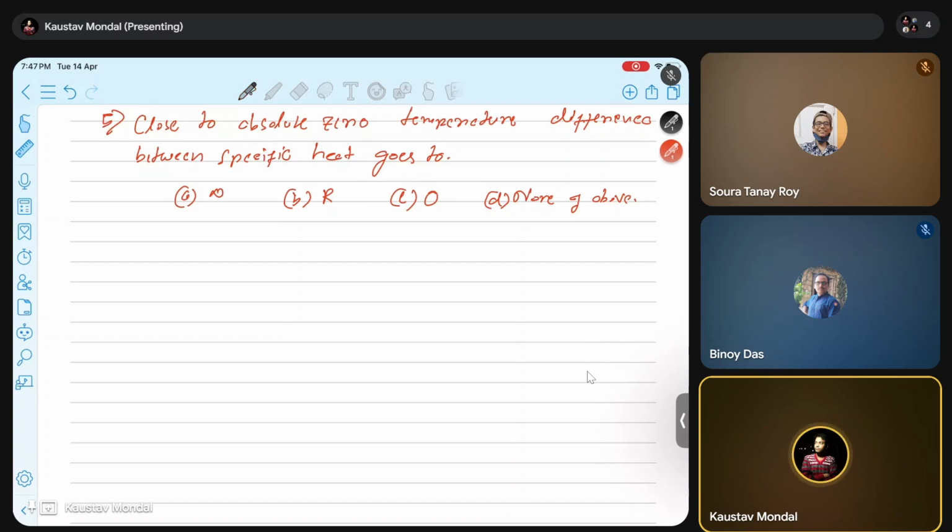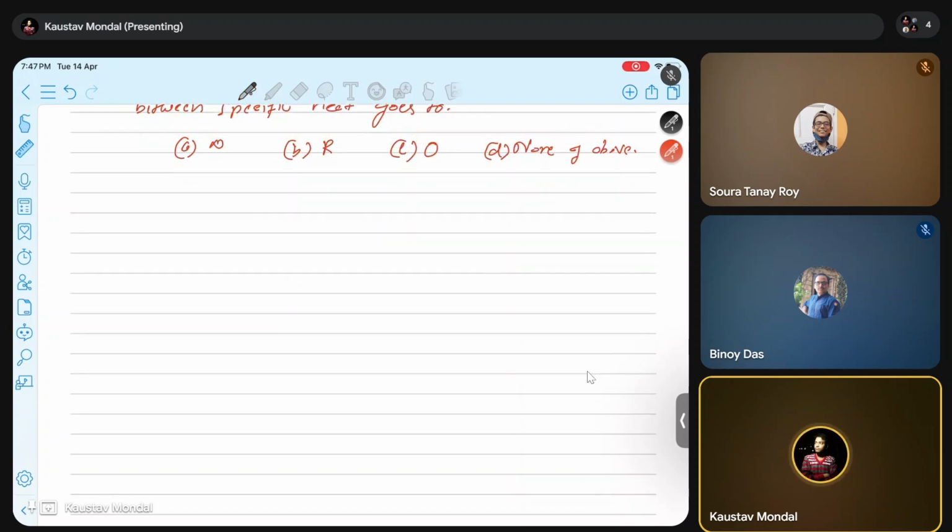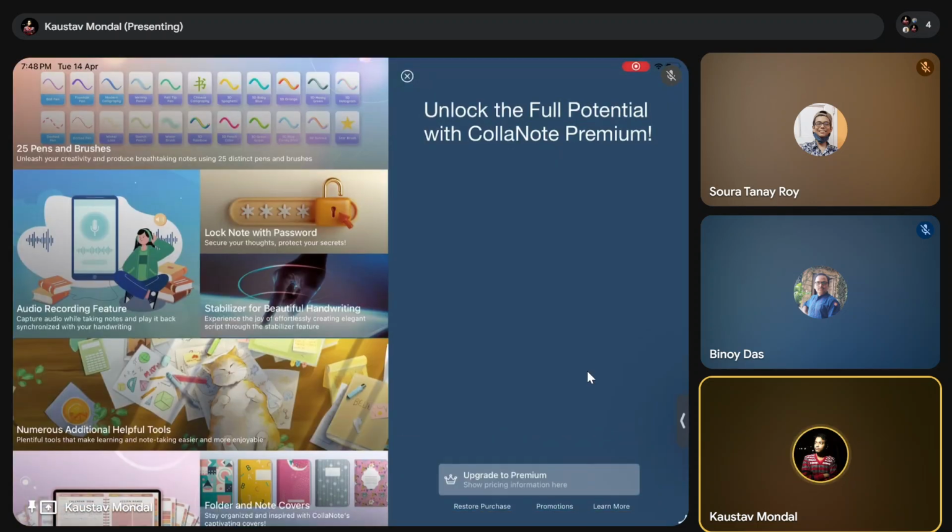So we just have to write the expression of Cp minus Cv. Cp minus Cv is T V alpha square by kT, I guess.